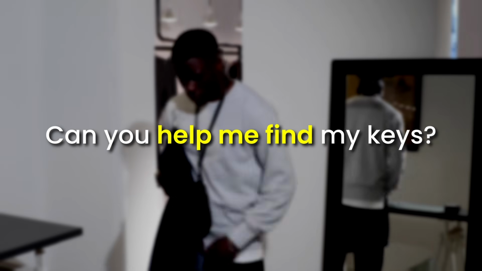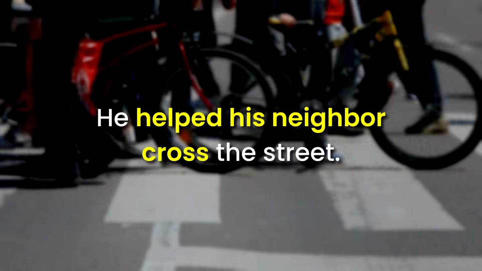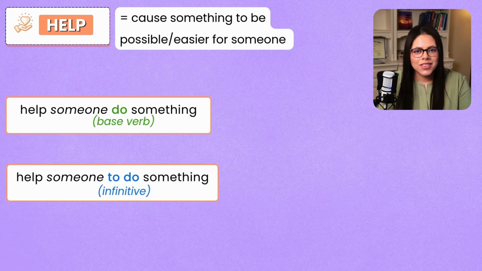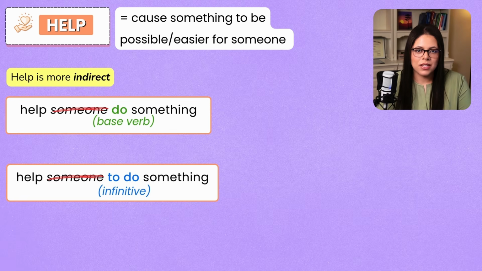Can you help me find my keys? He helped his neighbor cross the street. In these examples, notice that the subject is directly helping someone complete a task. However, the someone is optional when the type of help is more indirect. It's possible to help do something or help to do something.